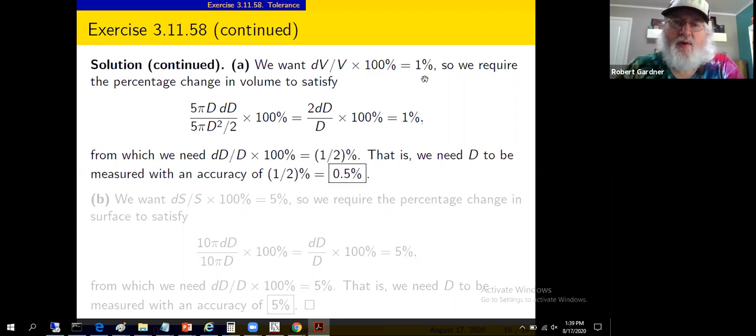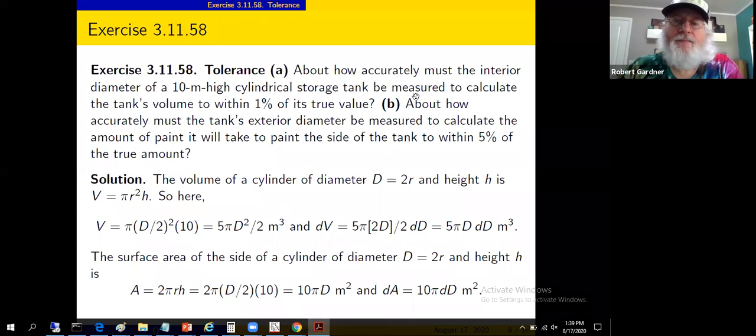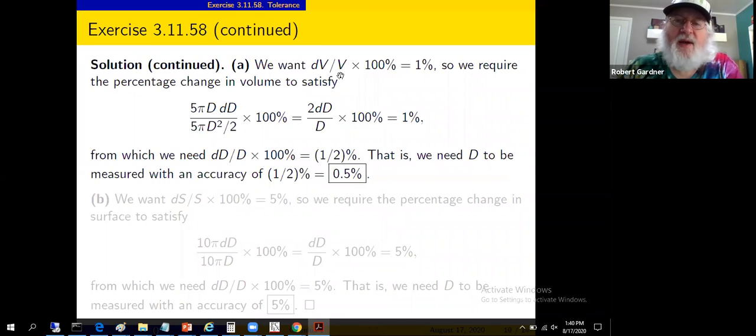Let me go back and read the question from part A. About how accurately must the interior diameter, capital D, of a 10-meter high cylindrical storage tank be measured to calculate the tank's volume, V, to within 1% of its true value. So we want the percentage error to be 1%. We want dV divided by V times 100% to equal 1%.